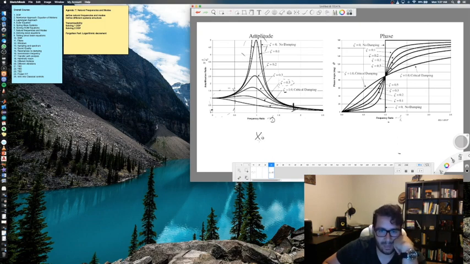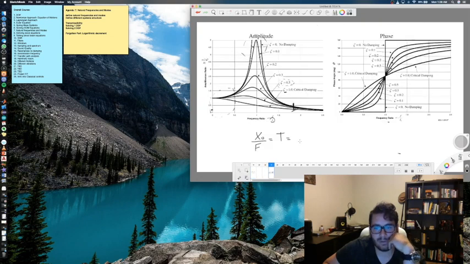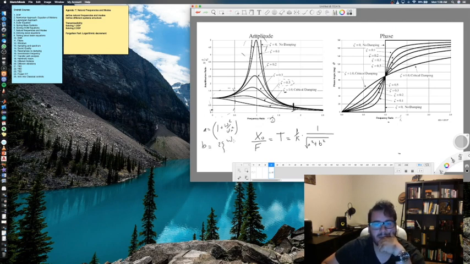So I have my x naught over f is equal to t, my transfer function, which is equal to 1 over k times the square root of a squared plus b squared, where a is equal to, if I remember right, 1 minus omega over omega n squared, and b is equal to, again, if I remember right, 2 zeta omega over omega n.